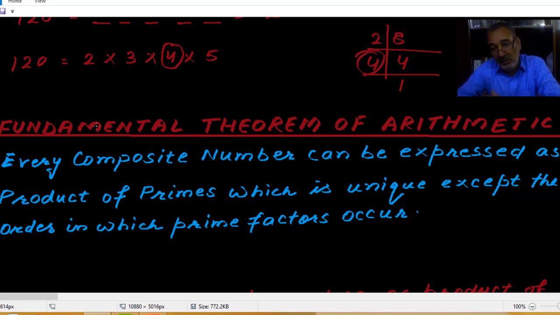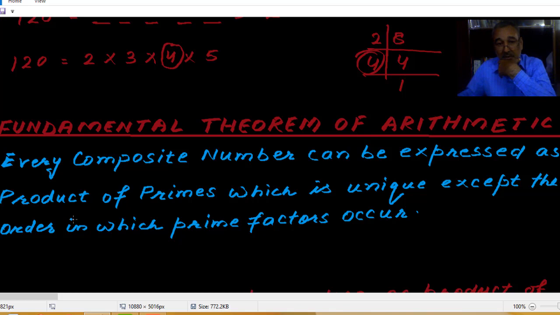There are other branches, algebra, geometry. So arithmetic is a part of mathematics. Sometimes students do not know about arithmetic. So this is the basic theorem when we deal with numbers.